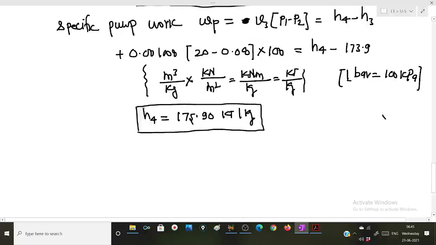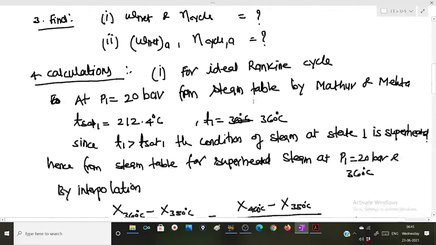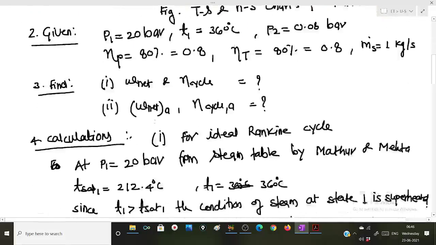So now we have all the values of enthalpies, that is H1, H2, H3 and H4. So I can calculate any parameter, that is Q1, WT, Q2 and WP, in terms of these enthalpy differences for the ideal cycle.